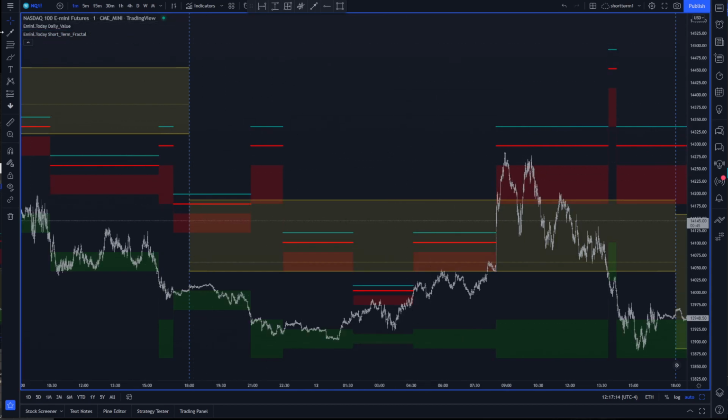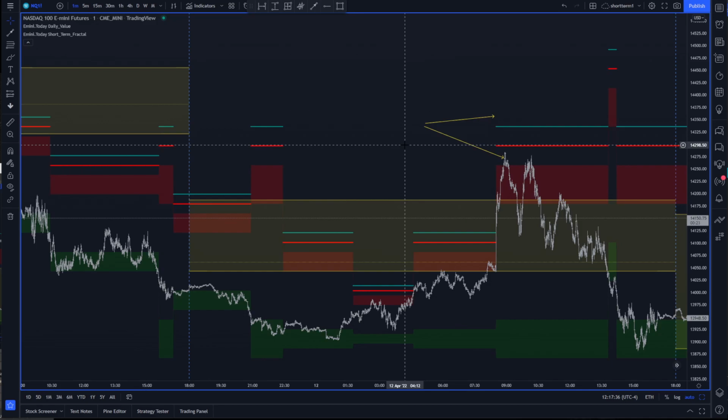So your entry is at the half point somewhere here, right? And your stop loss is somewhere here, like half the distance above or something like that.